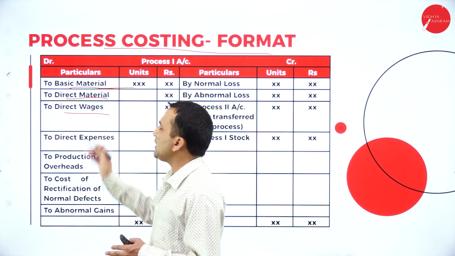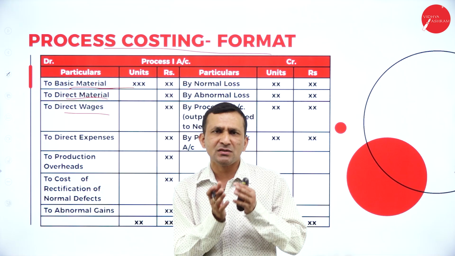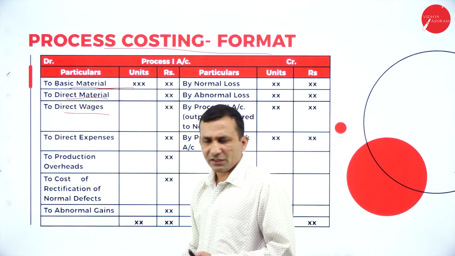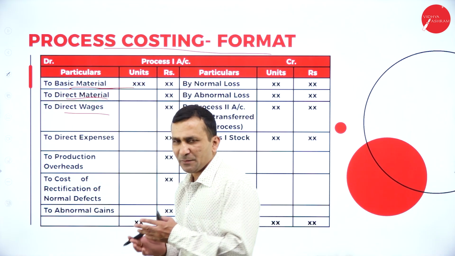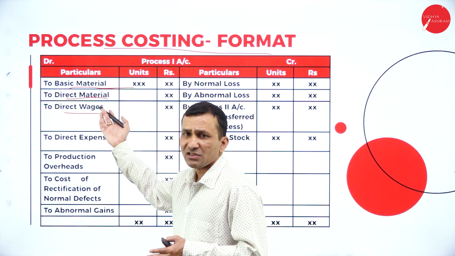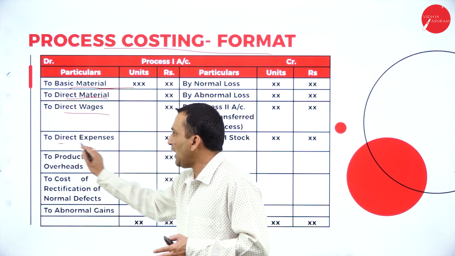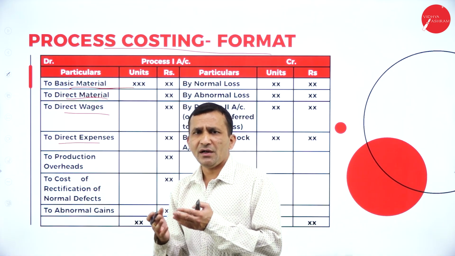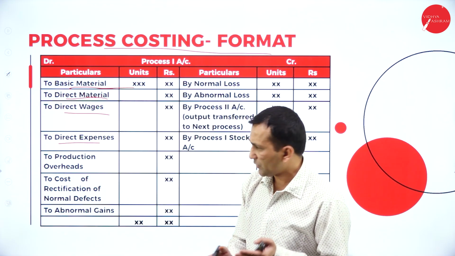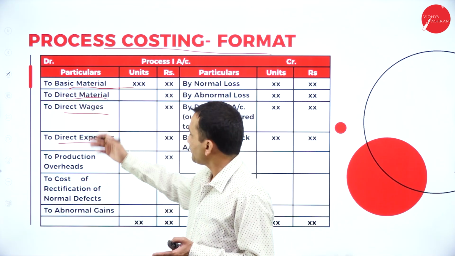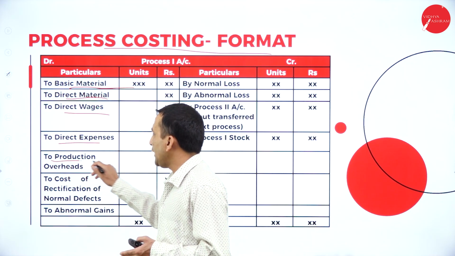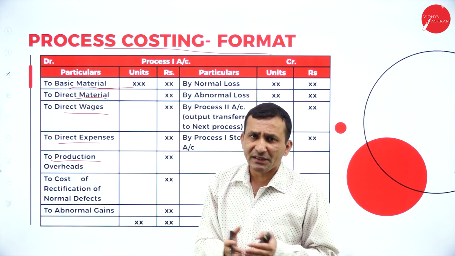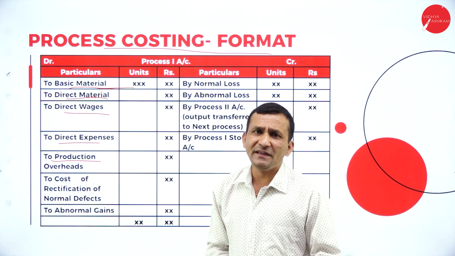And the direct wages: there are a number of processes, and without labor you cannot operate any activity, so direct labor or direct wages is very important. Apart from direct wages, we take different direct expenditures involved in the production, and production overheads, direct or indirect, for completing the process.